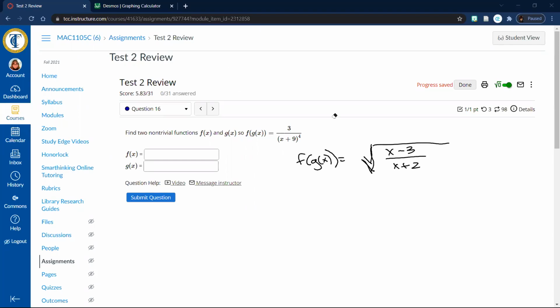Yeah, so if you notice, you could put that whole thing in parentheses, so you could pull that whole thing out. x minus 3 over x plus 2, and that can be our g of x, what we plugged in, which means our f of x is what? Square root of x. Good job.